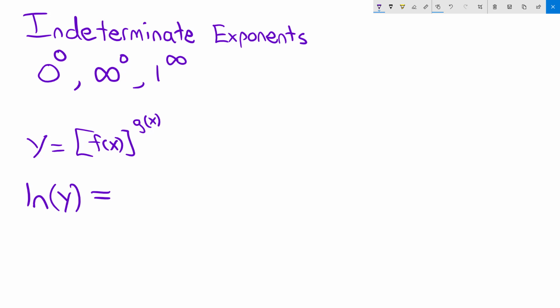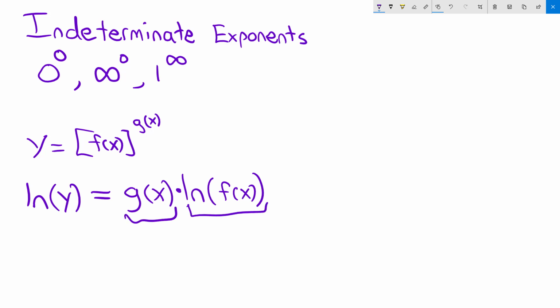The other side, remember the property about exponents inside a logarithm multiplying outside the front of that logarithm. And we get this expression. G of x will come down and multiply times the natural log of f of x. And now we've got a product going on: one expression, g, and the other expression, the natural log of f of x.